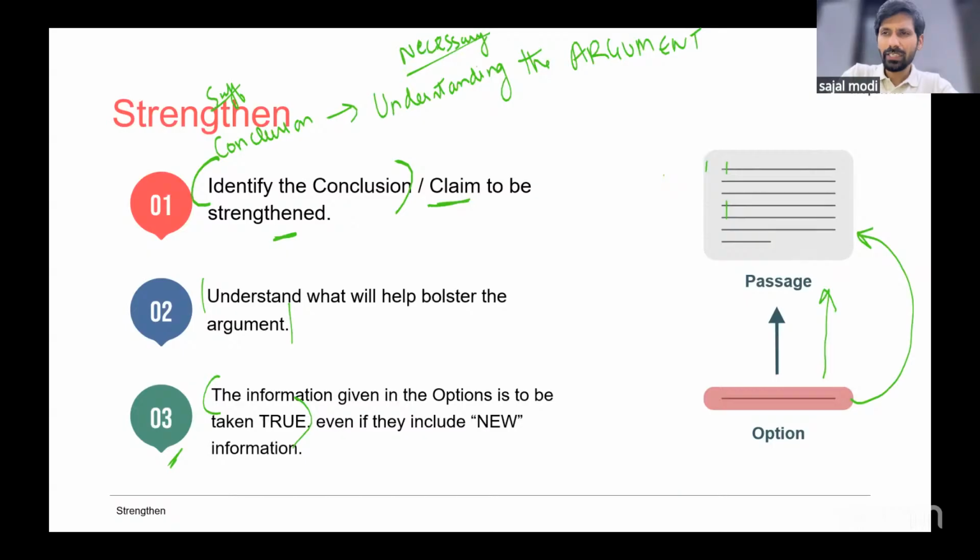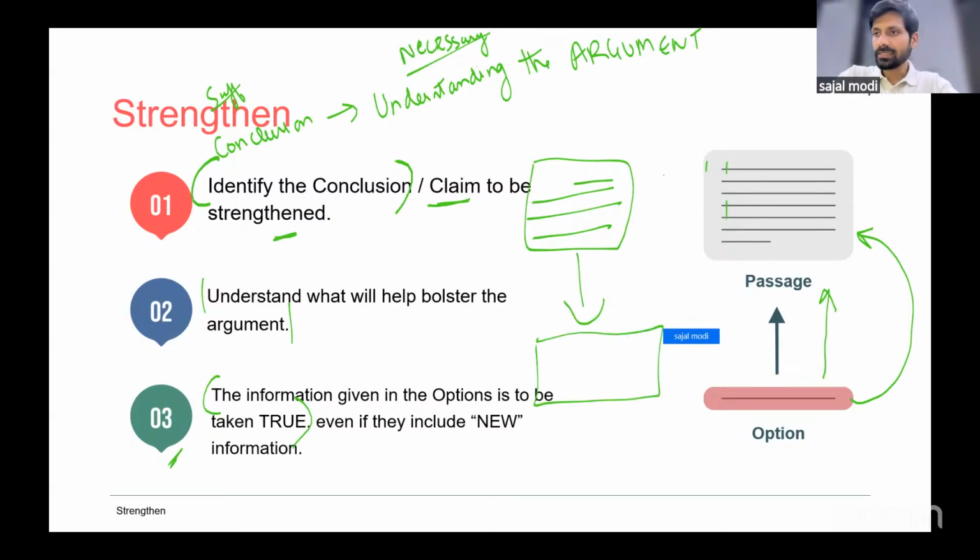Had it been an inference question, so this is the passage, and do look at the video on inference also. So this is the passage, and the correct option gets support from the passage. तो inference में diagram कुछ ऐसा होगा, right?